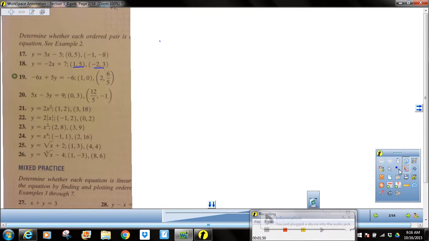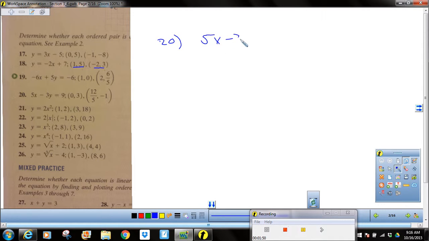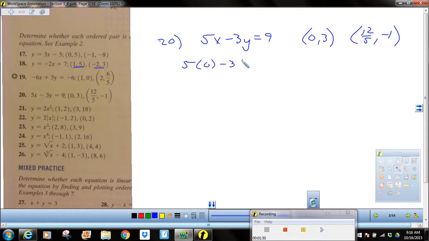So anyway, number 20. 5x minus 3y is equal to 9. 0, 3. And the other one I'm going to try is 12/5, negative 1. I know everybody's excited about getting to do a fraction. Alright, 5 times 0 minus 3 times 3. And we're wondering if that is equal to 9.